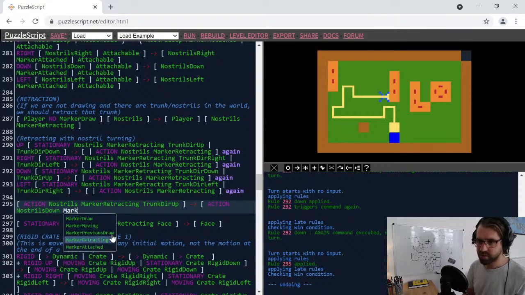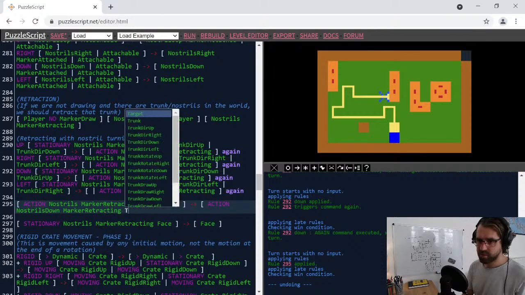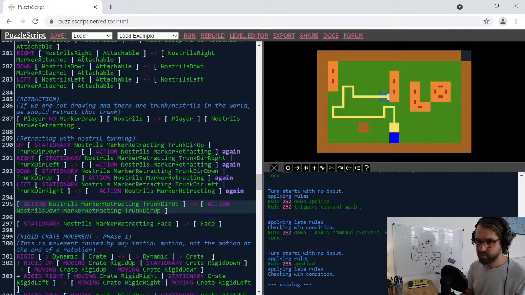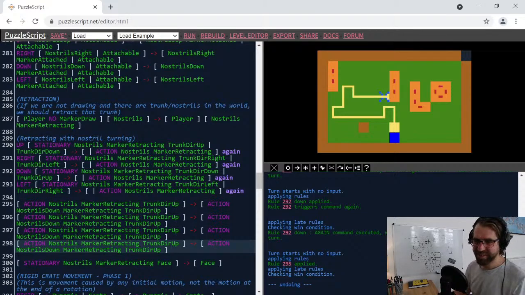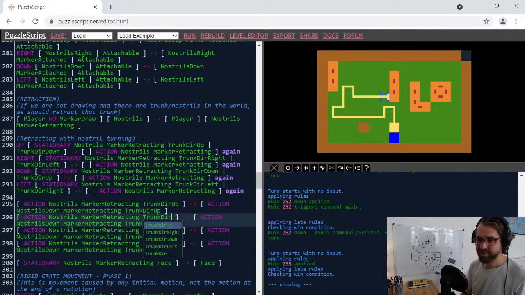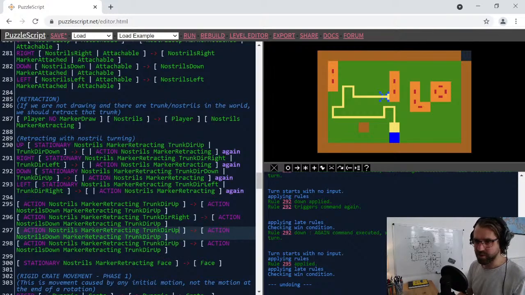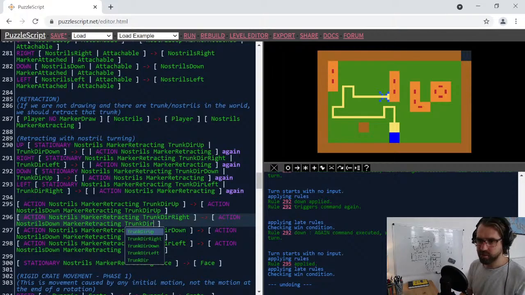Marker retracting. Trunk up still. This is gonna look kind of silly because the nostril will flop around in front of the thing. To right, down, left. And this is just the opposite. Is it the opposite? No, that's the same. That's that. This is the opposite. Left.